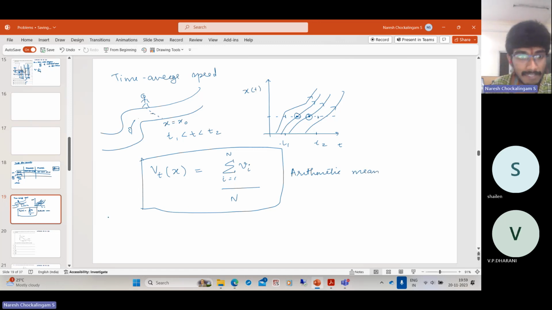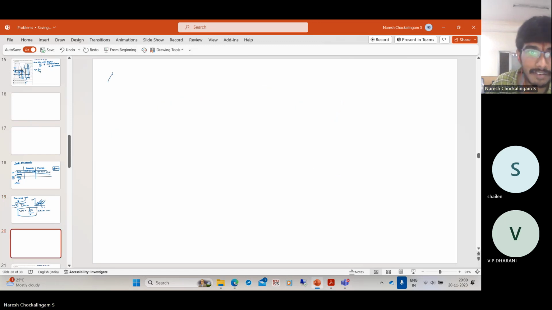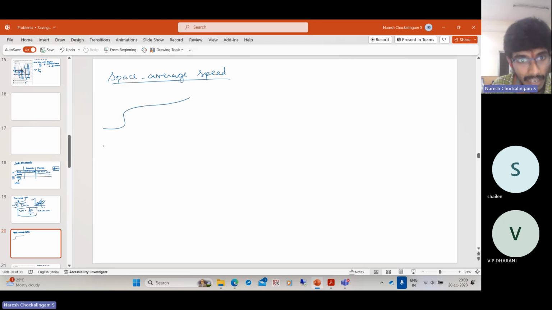What is the space average speed? Let us take the next. Very simple. These are simple concepts. These two are conjugate quantities. So again, consider a highway. Now, instead of putting an observer at a point, you take a given instant of time, like a photograph.